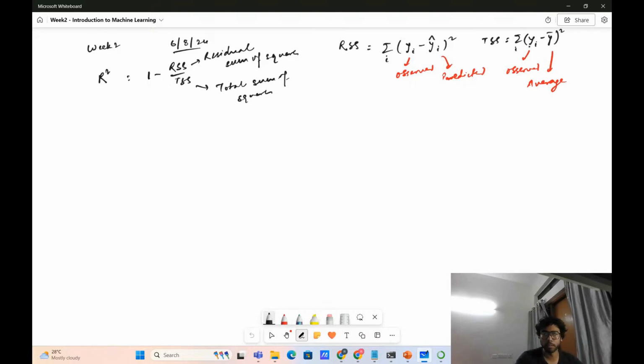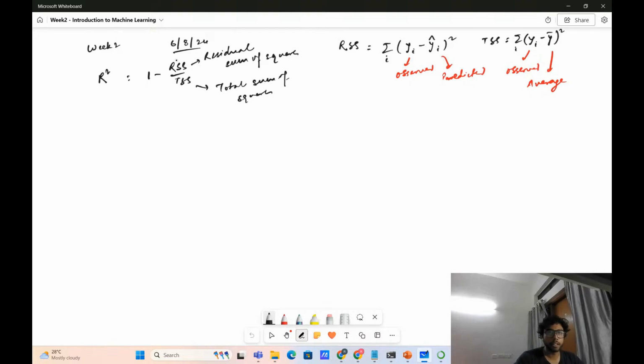For those who know, this is more like a variance kind of term, but if you don't know what variance is, don't worry about it. So what does R square give?